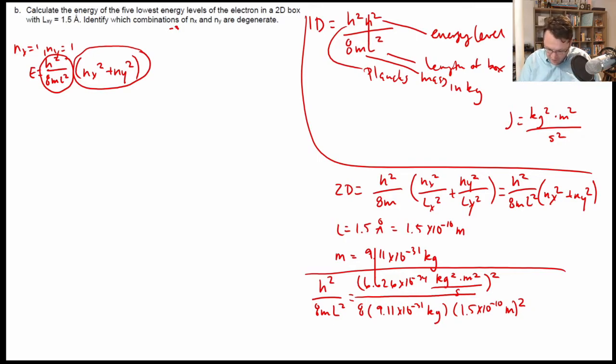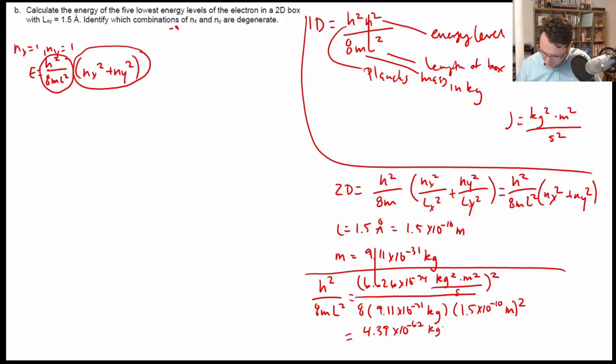So we have 6.626 times 10 to the negative 34 squared. That comes out to being 4.39 times 10 to the negative 67.